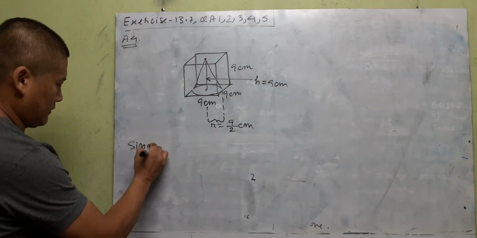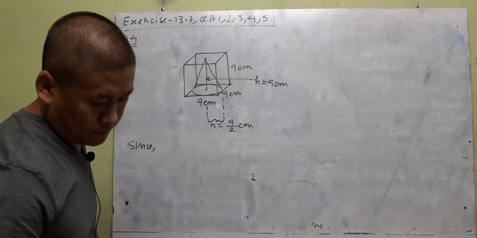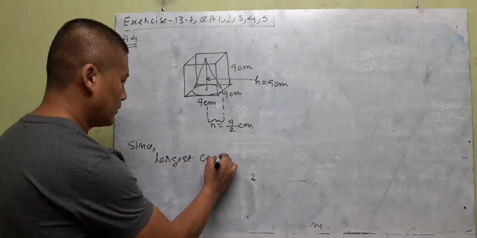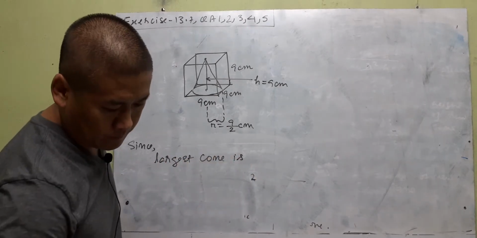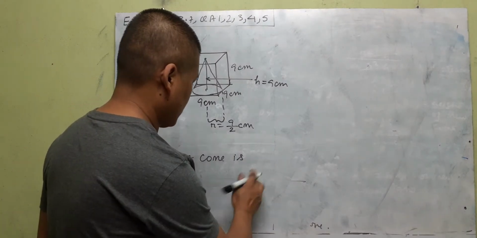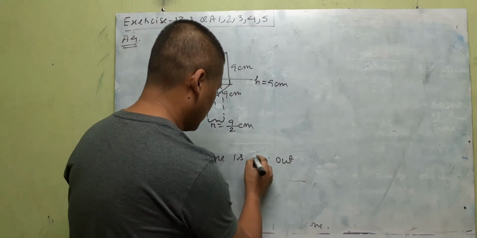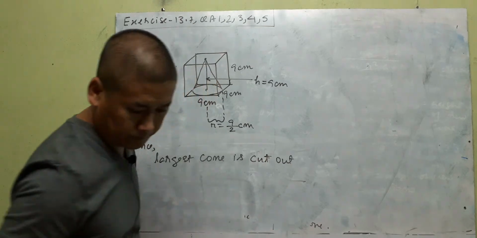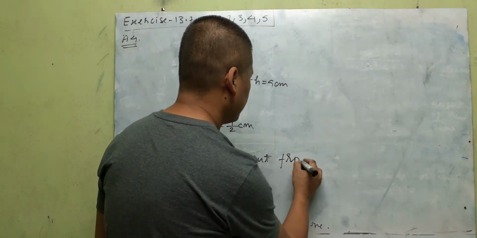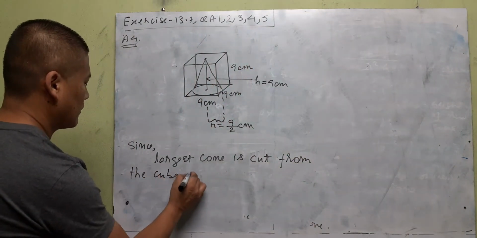since the largest cone is cut out, cut from, okay, just use the same language, cut from the cube of h.